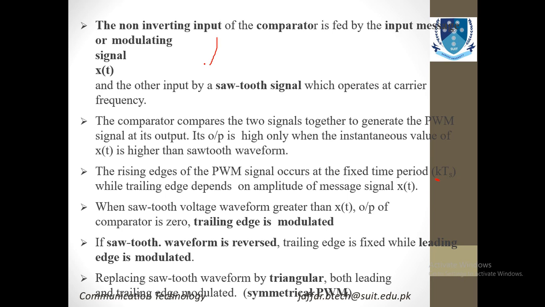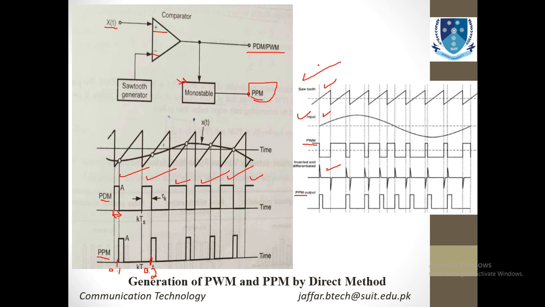This is the sawtooth waveform, and the triangular waveform is something like this. It is symmetrical on both hand sides, whereas a sawtooth waveform is not. If you cut it in half, a sawtooth is not symmetrical on both sides, while if you cut a triangular wave in half, you get a symmetrical wave.